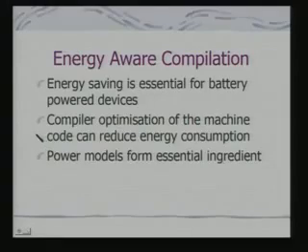So if I have to realize the sophisticated functionalities with minimum consumption of battery power, then the compiler needs to play a critical role. So the compiler can do an optimization of machine code that reduces energy consumption.